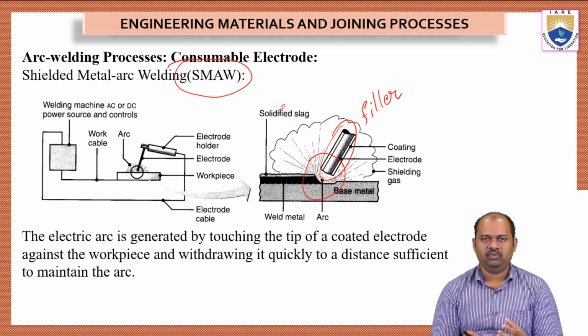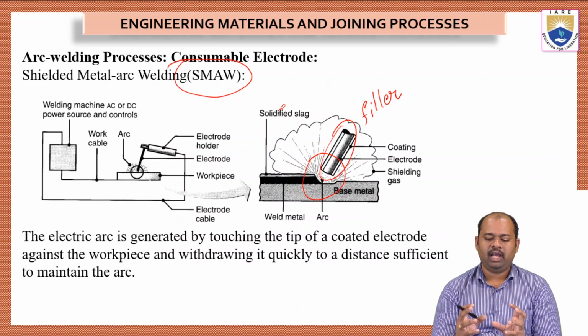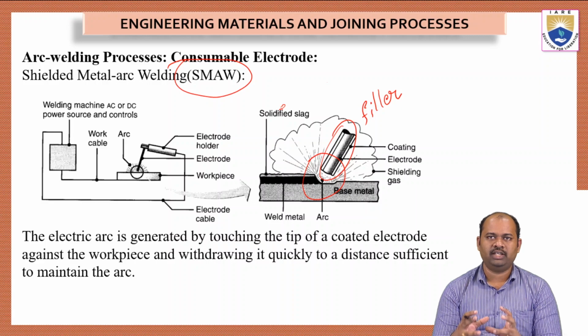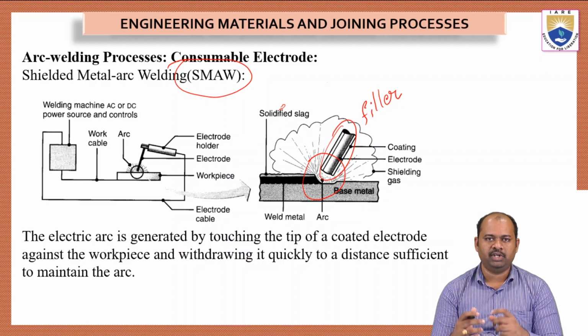So why do we need to avoid oxidation? What are the bad effects of oxidation? Oxidation makes the joint very weak, which is not required at all. We have to make the joint as strong as the base metal.